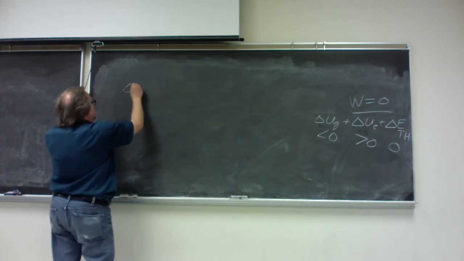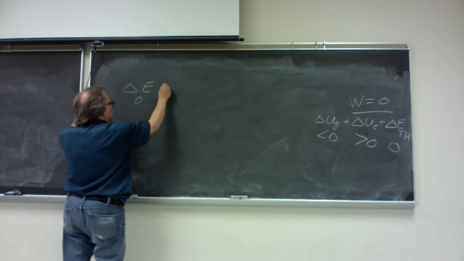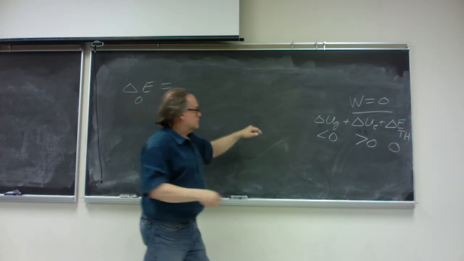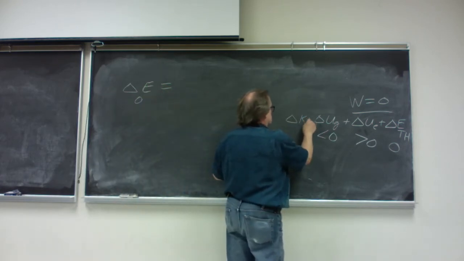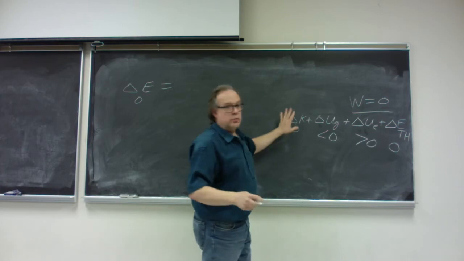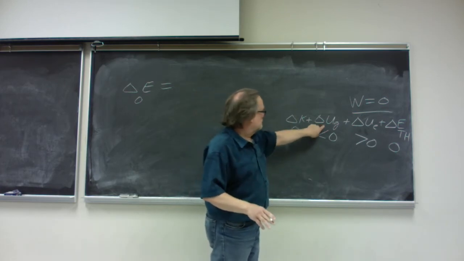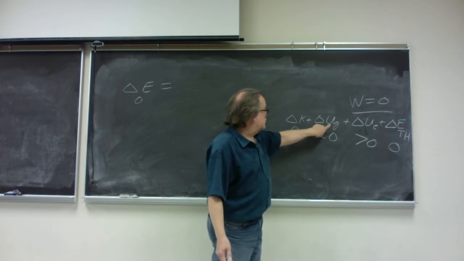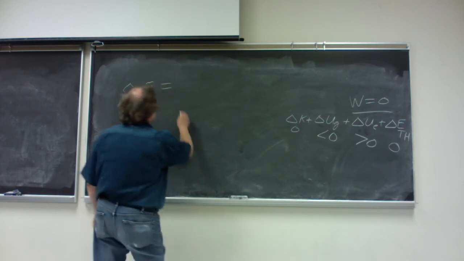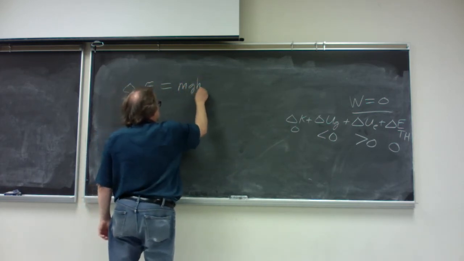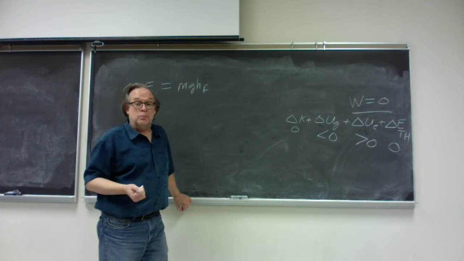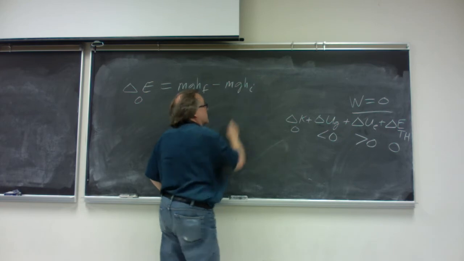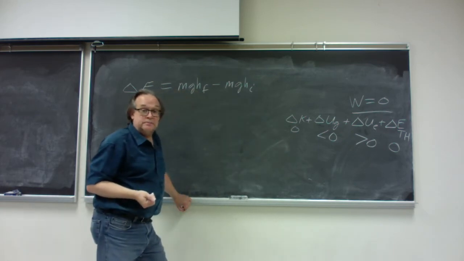So change in total energy is no change at all, and that's equal to, this was 0, so we don't have to bother with zero terms. This term is not 0, so we'll write it out. Change in gravitational potential energy is final gravitational potential energy minus initial gravitational potential energy.